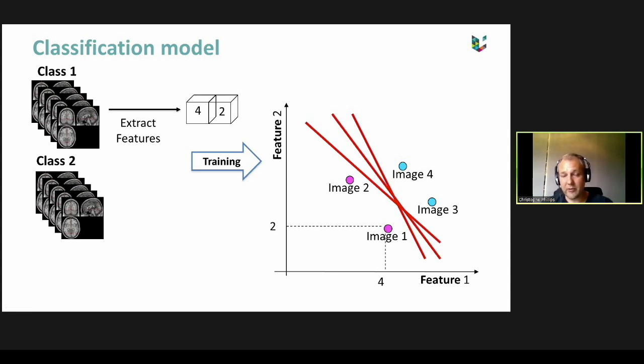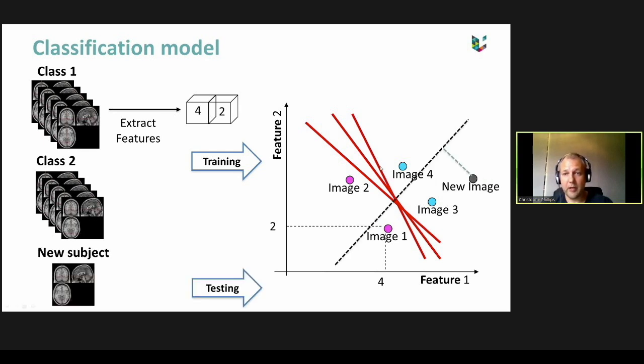There are many ways of defining such a border, such a line between the two, but the key idea is that whenever you have defined such a border, then when you have a new subject, a new image, you can place it in the same space and associate it with either one class of images or the other class of images.